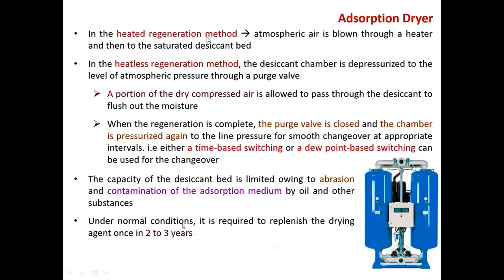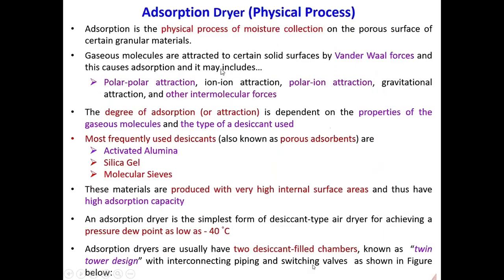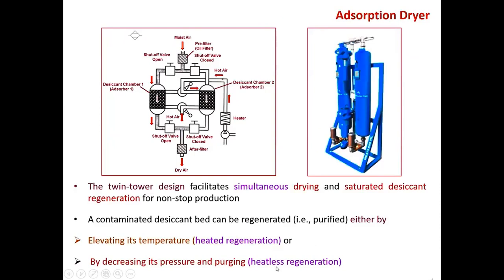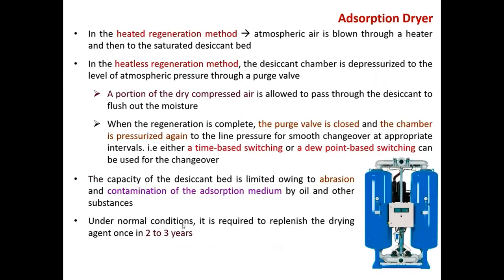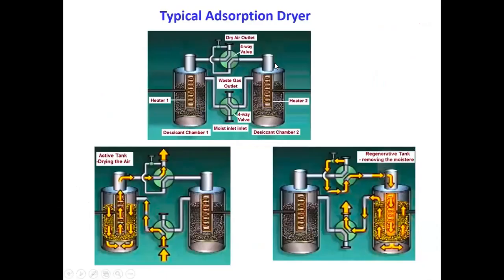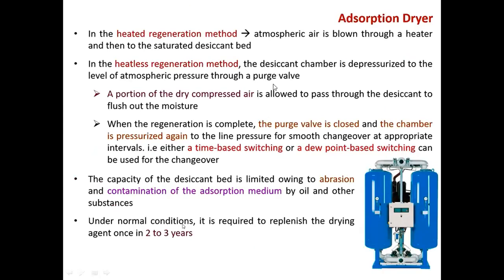In the heated regeneration method, atmospheric air is blown to a heater and then to the saturated desiccant bed. In the heatless regeneration method, the desiccant chamber is depressurized to atmospheric pressure through the purge valve.